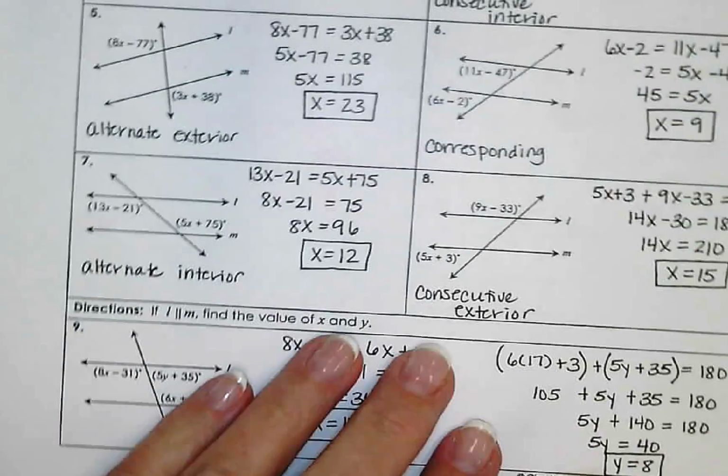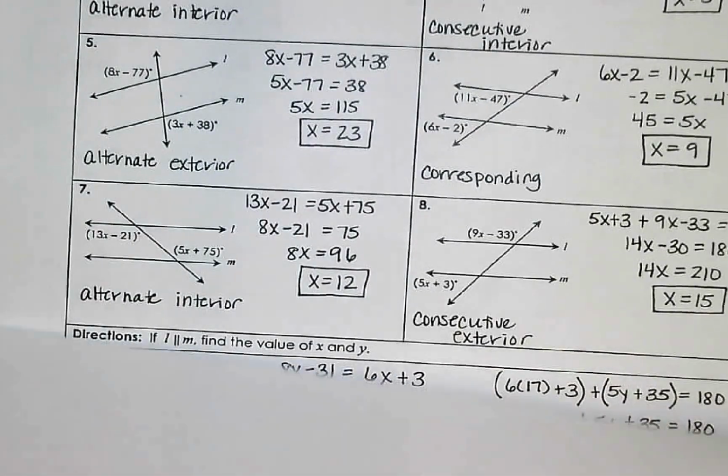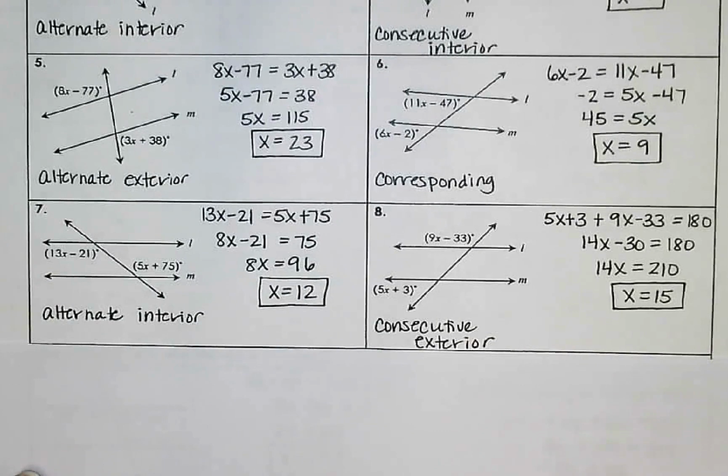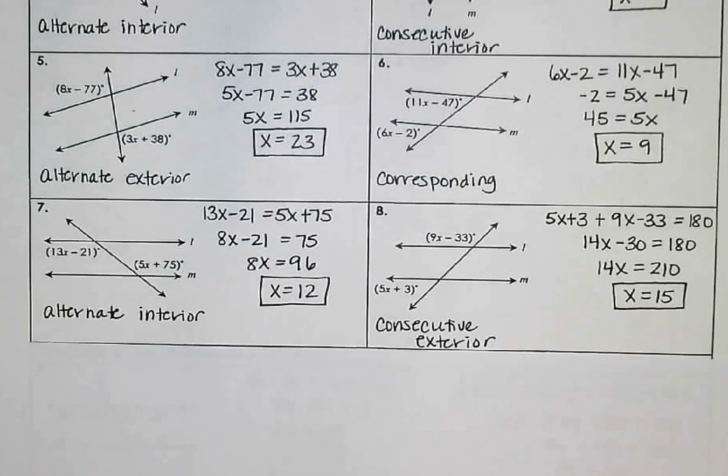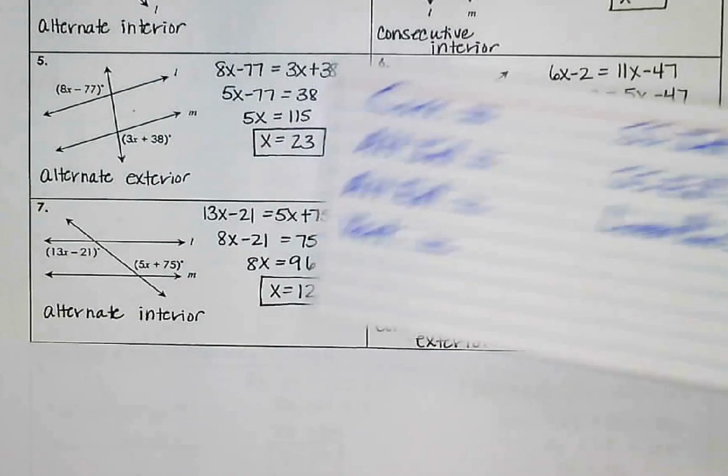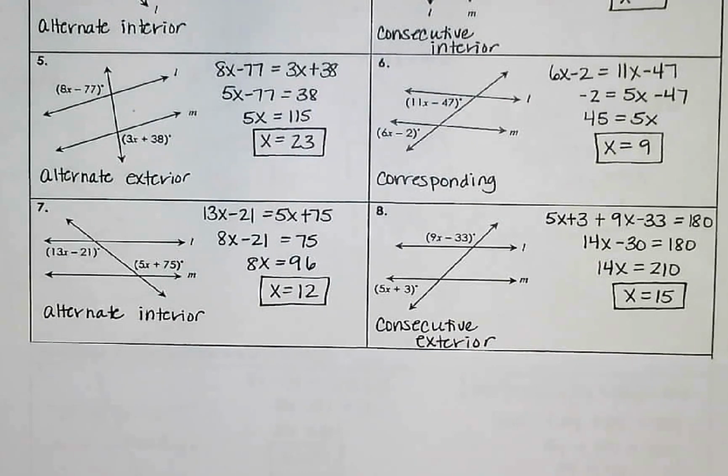All right, so here are the answers for 5, 6, 7, 8. You can see here we've got number 5, our alternate exterior. Do you see how important it is to be able to identify? Because once you can identify, you just use this little card and you know exactly what to do. So alternate exterior angles are going to be equal to each other.